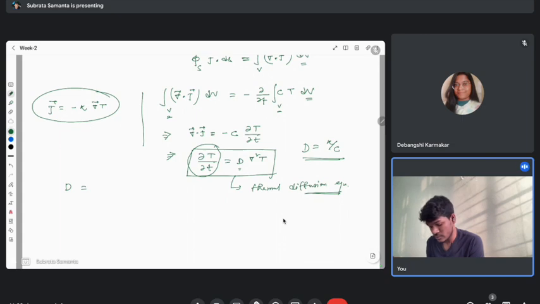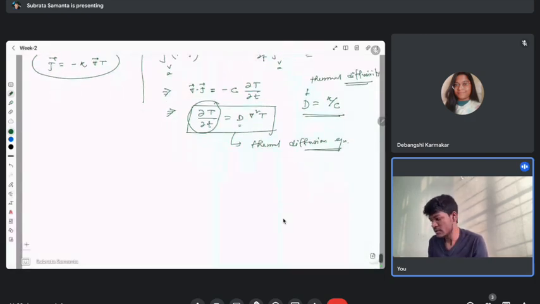Okay, so here you have written this. This is the thermal diffusivity and this is the thermal diffusion equation. This is calculated in 3D.